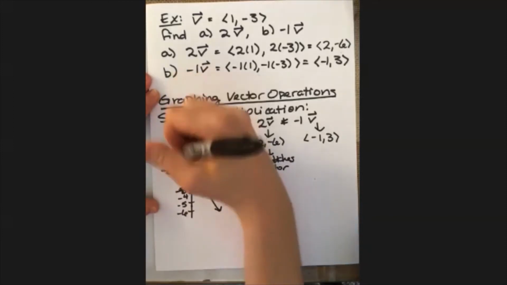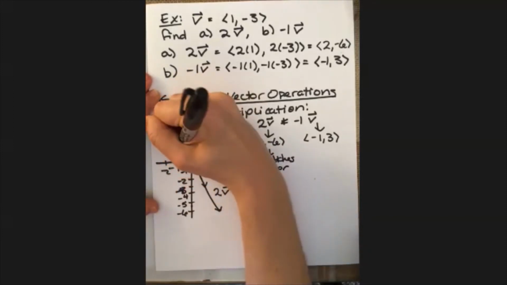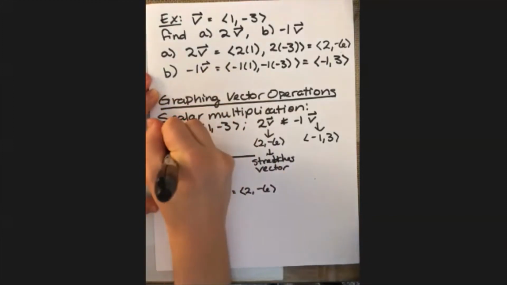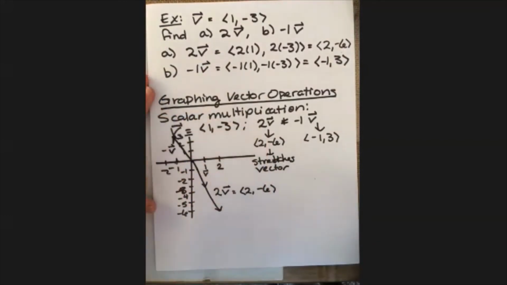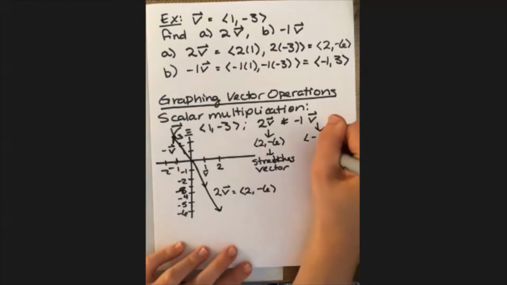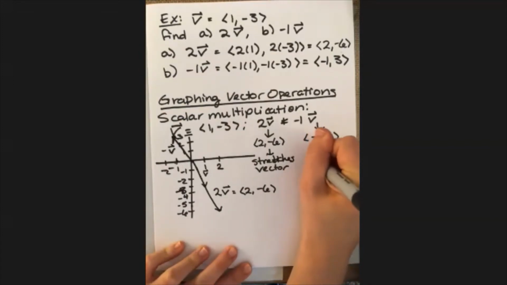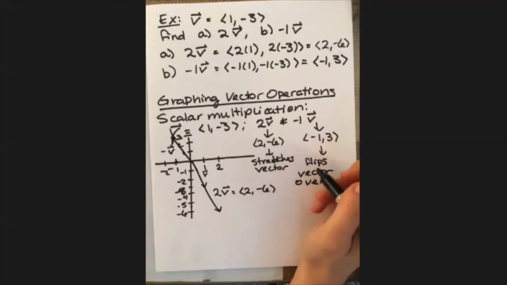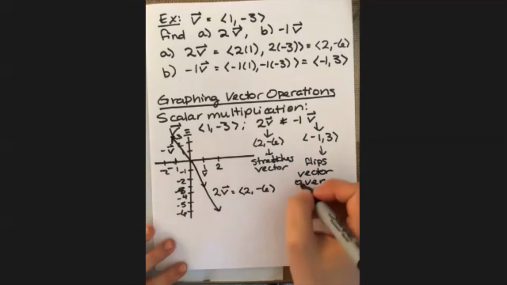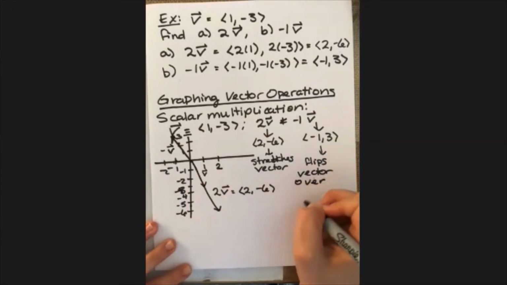So negative v is going to reach up to there. So all we did was take this vector v and then flip it over the origin, like so. So that's a really important interpretation of working with the negative of a vector, is that it's just flipping the direction of that vector.